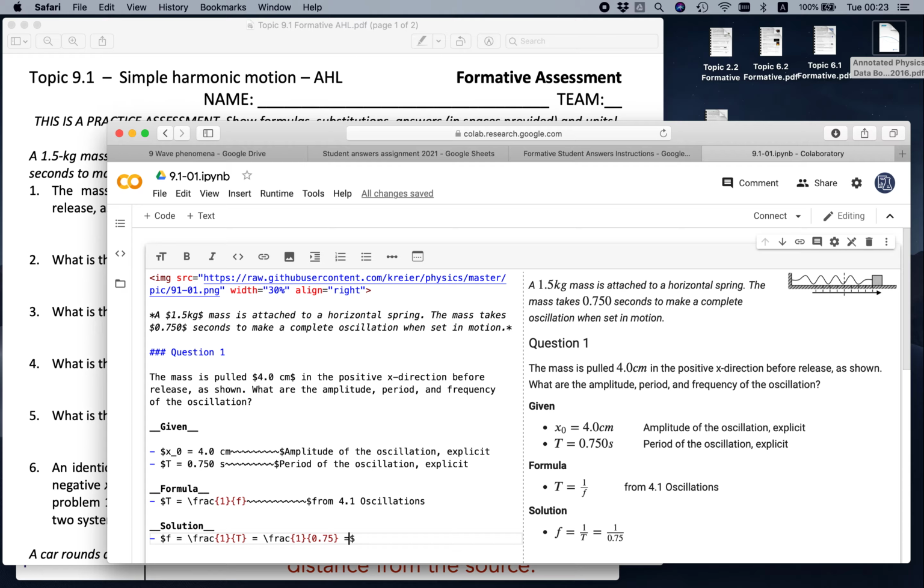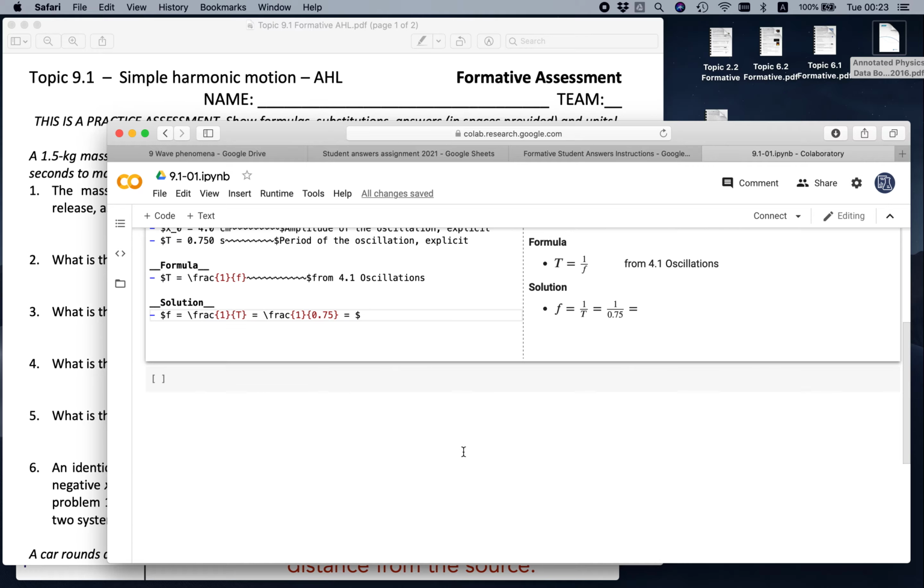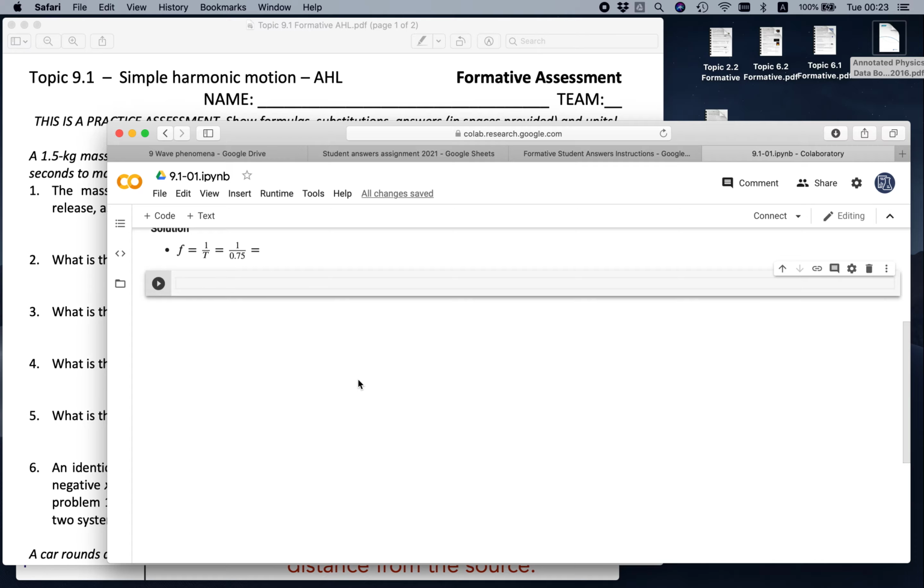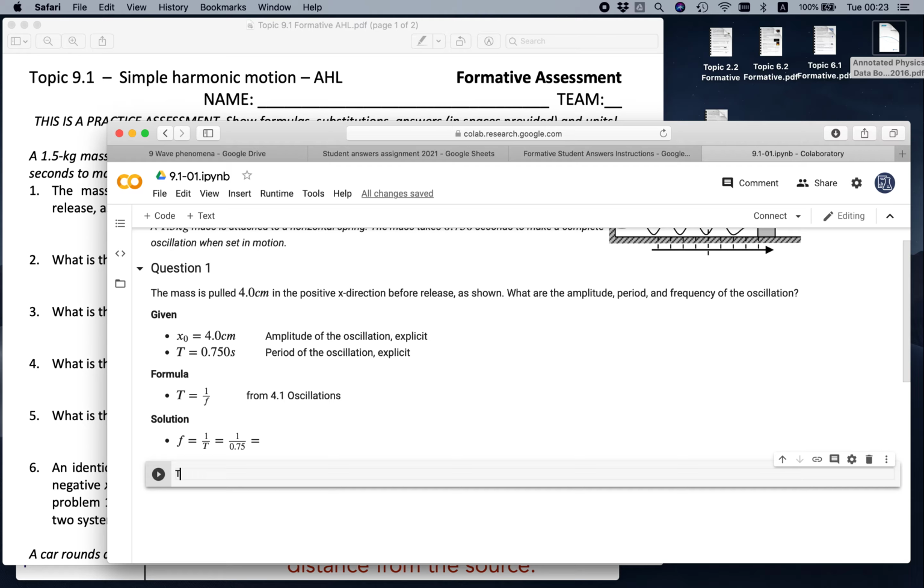And for the sake of fun, we can put it in here. So period equals 0.750.